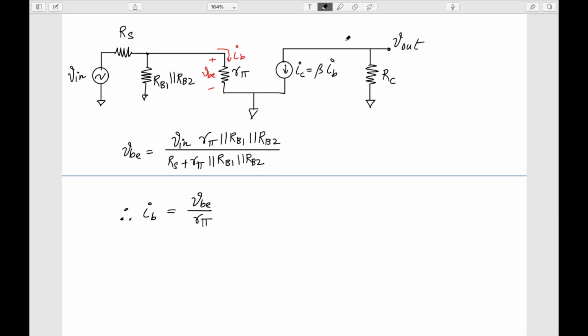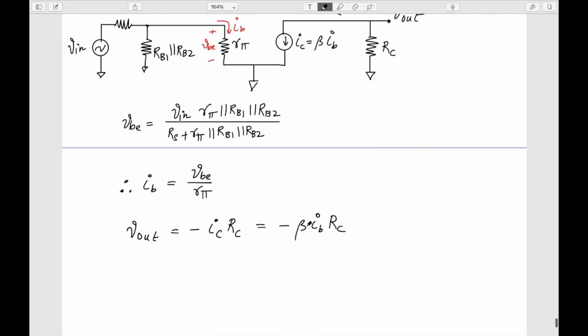On the other side, as we have done previously, my V out will be equal to minus small iC RC, which is equal to minus beta IB RC. So now I can substitute this IB from here, which is minus beta VBE by R pi RC.